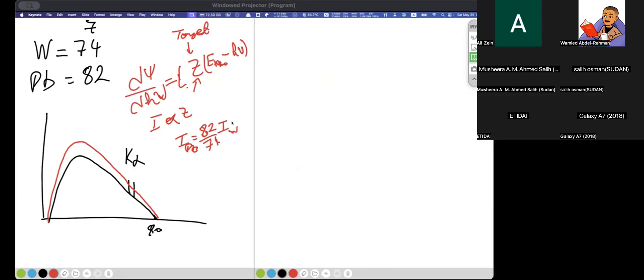Now we want to talk about these K alpha lines. So what's going to happen? They should change, I think.